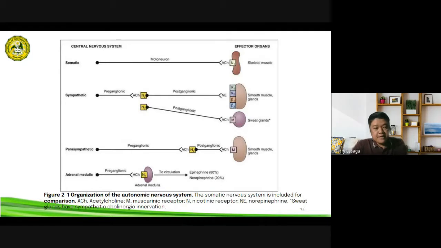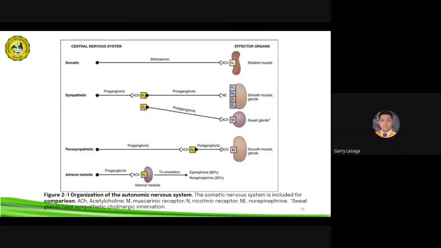So pag ang nerve it releases acetylcholine, tinatawag natin siyang cholinergic nerve, at pag ang nerve naman it will release the epinephrine, tinatawag natin siyang adrenergic naman.